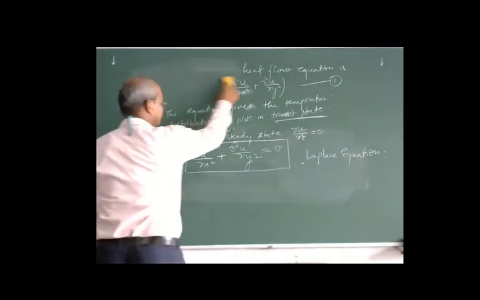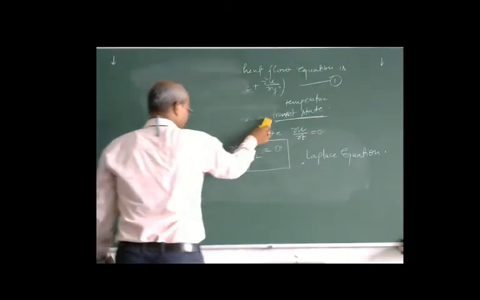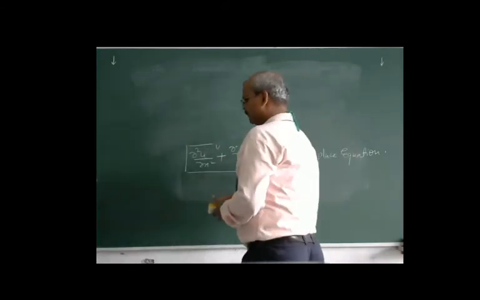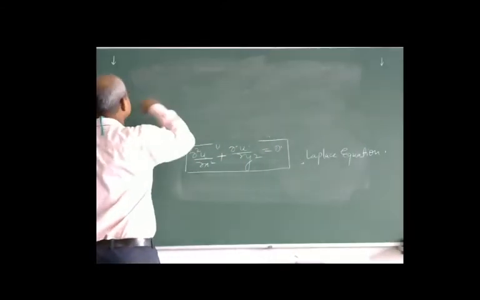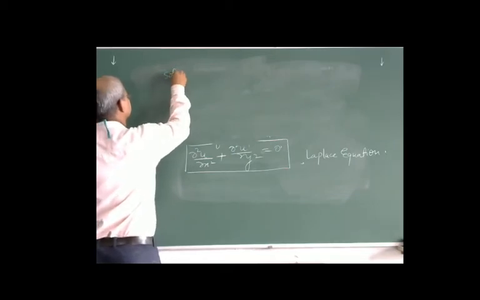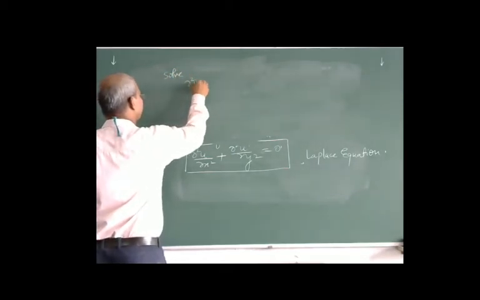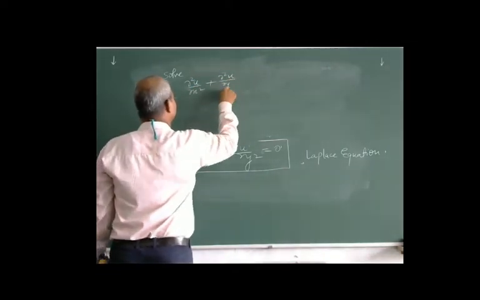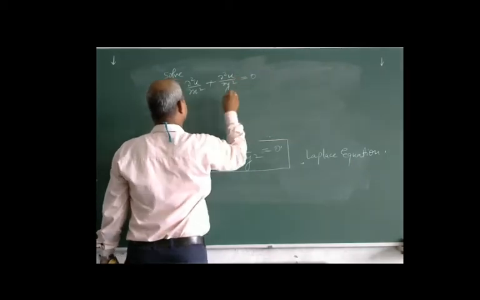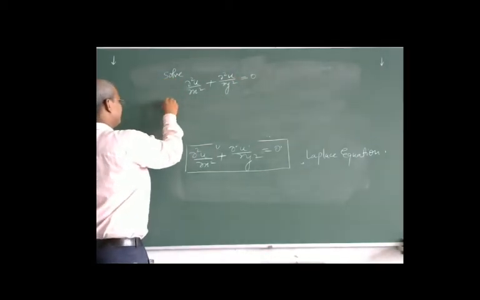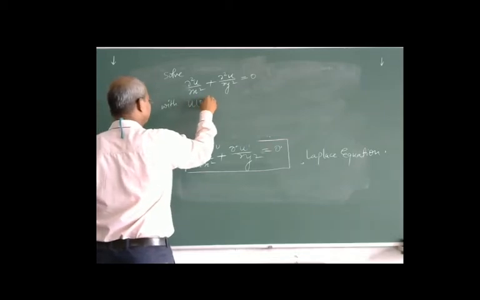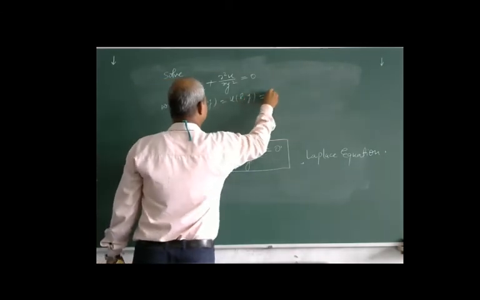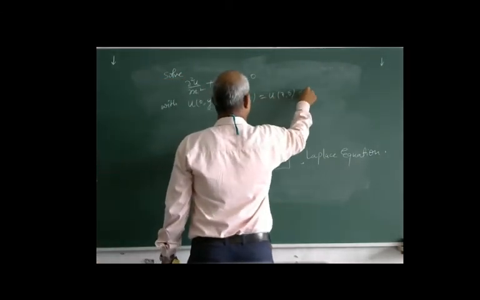The question is: solve del 2U upon del X square plus del 2U by del Y square is equal to 0 with the conditions U(0,y) is equal to U(L,y) is equal to U(x,0) is equal to 0.